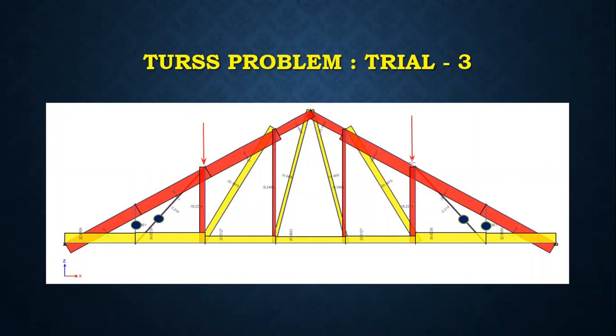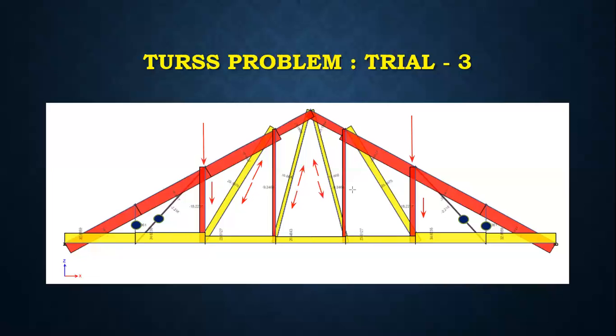These two 20 kilonewton loads first transfer to the member exactly below, which will be compressive in nature. These two forces try to pull this inclined member, which is subjected to tension. And here also similarly the forces are going to transfer to these inclined members, which are subjected to tension.